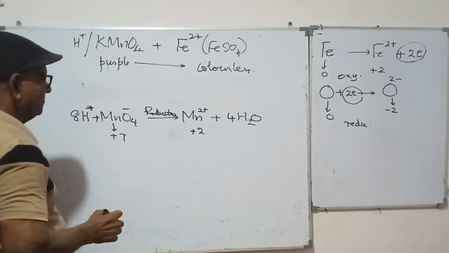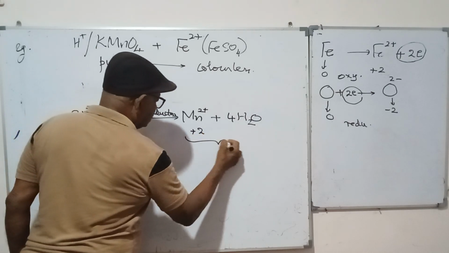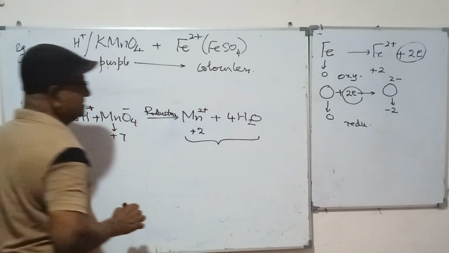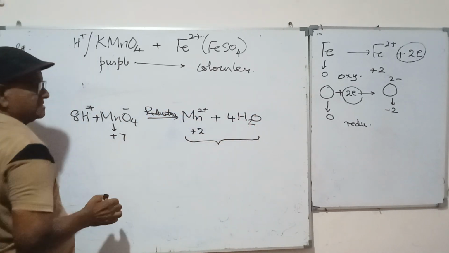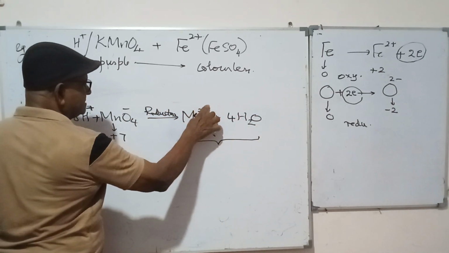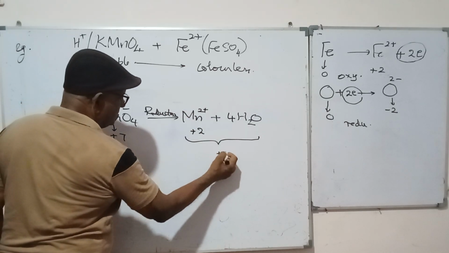Then find out the net charge of each side. Charge of the products: plus 2.